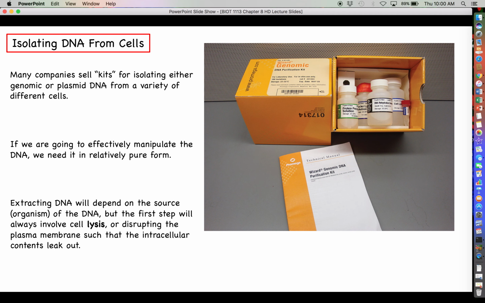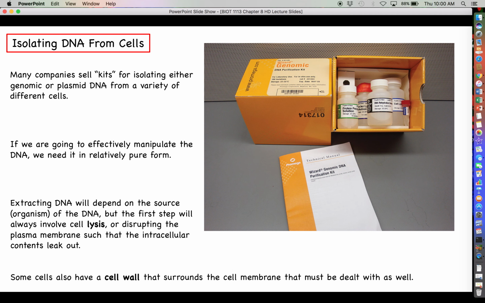We're basically going to get the cell to explode so that the membrane pops and all the contents inside leak out so that we can get what we need. And for a lot of cells like bacteria, you need to be aware that they have cell walls that surround the membrane and they need to be dealt with as well.